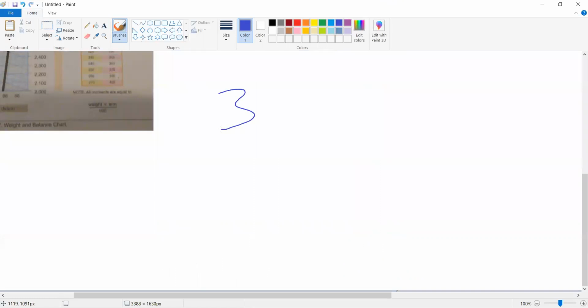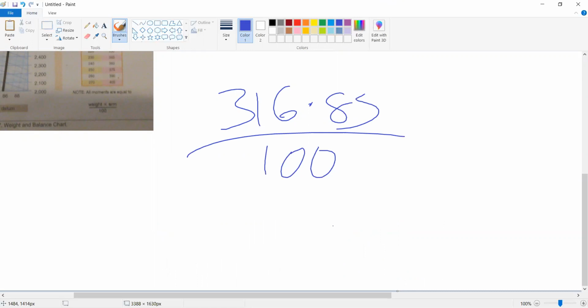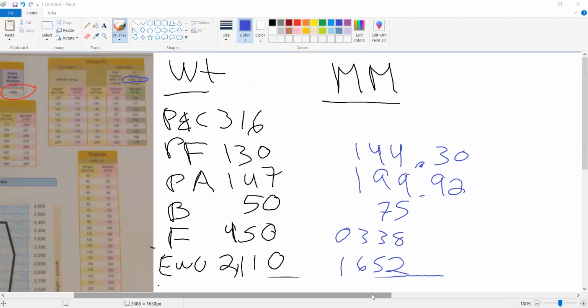So 316 times 85 over 100, and that will be 316 times 85 equals a large number with the decimal place, 268.6.